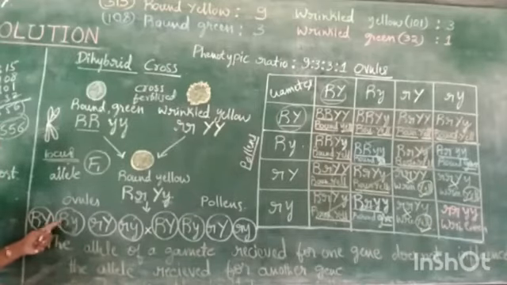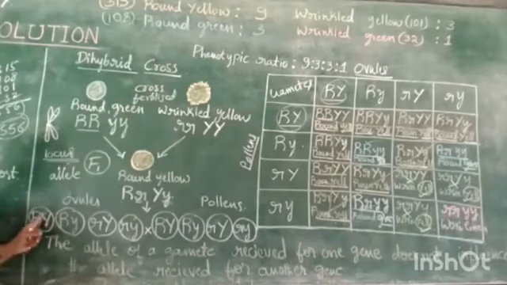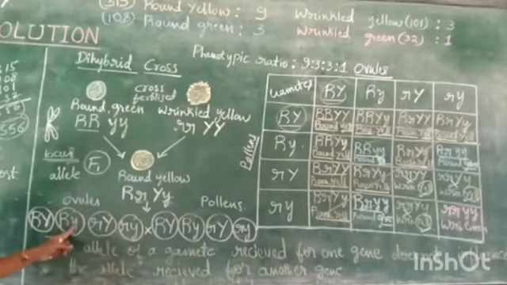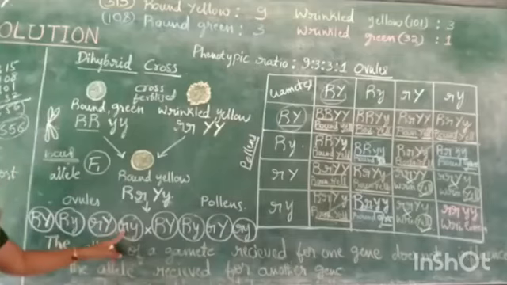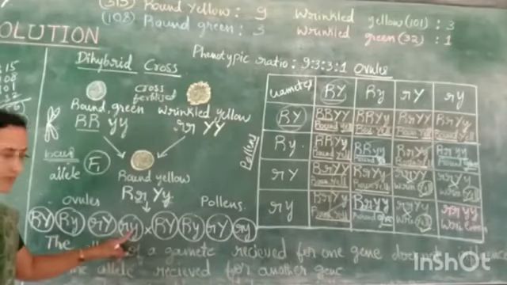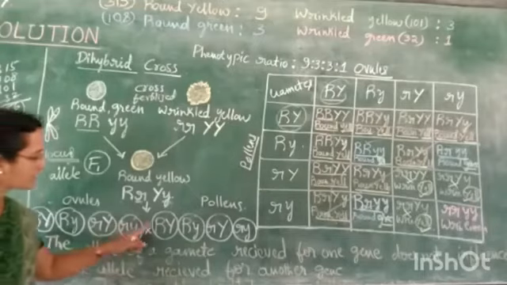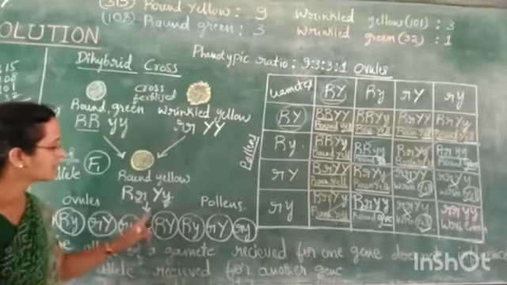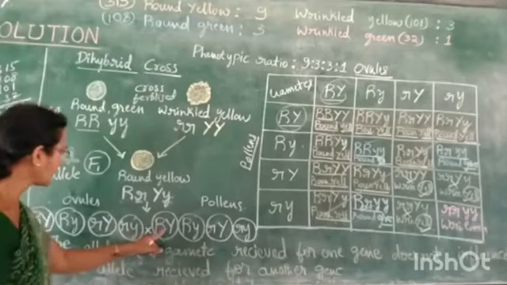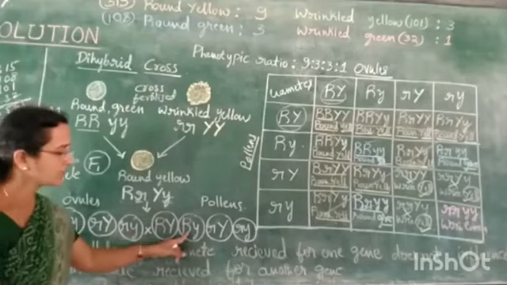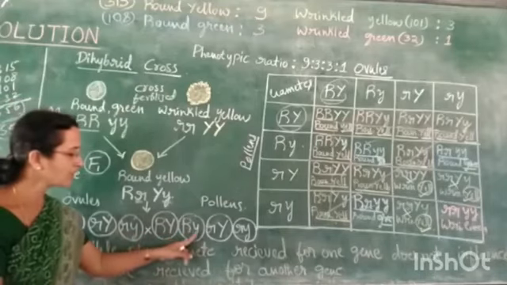Again the round nature is not paired with the yellow nature, the round nature is pairing with the green nature. Here the wrinkled nature is pairing with the green color, whereas here the round nature is pairing with the yellow.